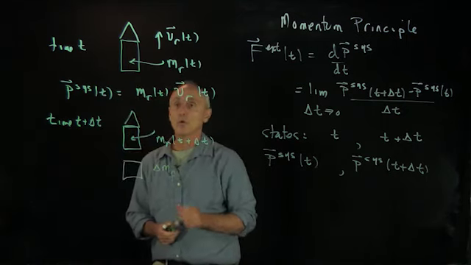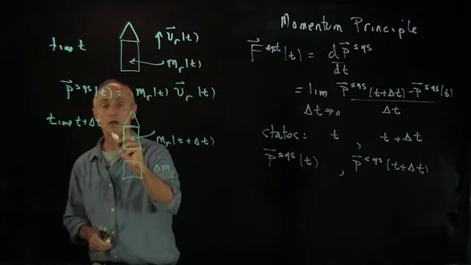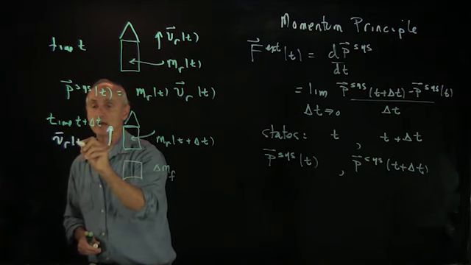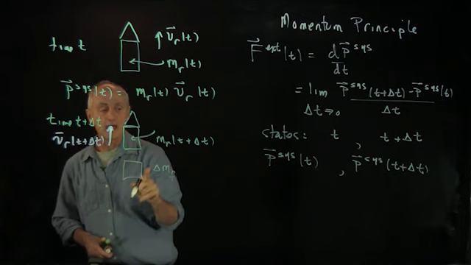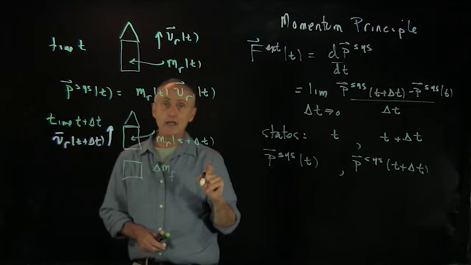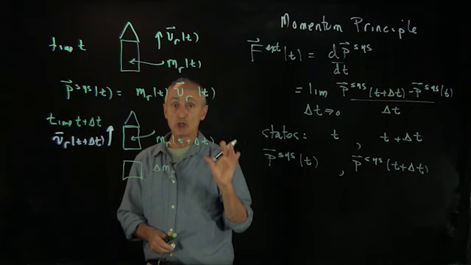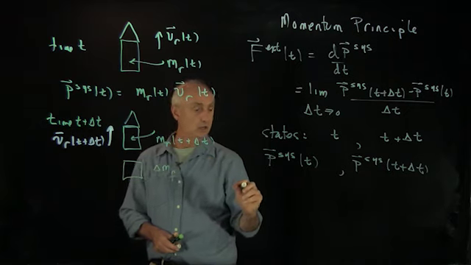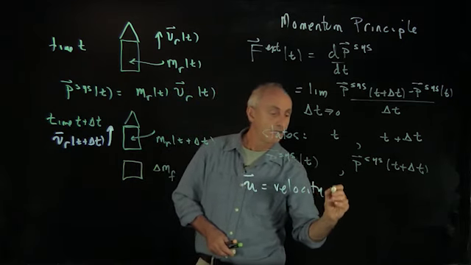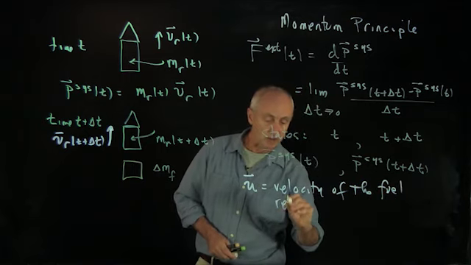Now, what we need to do, again, is to have our velocities. So here, the velocity of the rocket is now the velocity at time t plus delta t. And what about the velocity of this fuel that's being ejected? Well, in our problem, the fuel is ejected at a velocity u relative to the rocket. So what we have is u is the velocity of the fuel relative to the rocket.